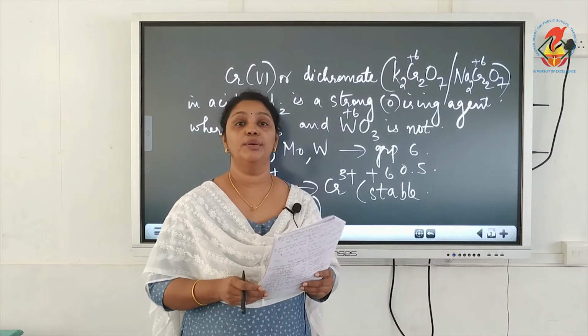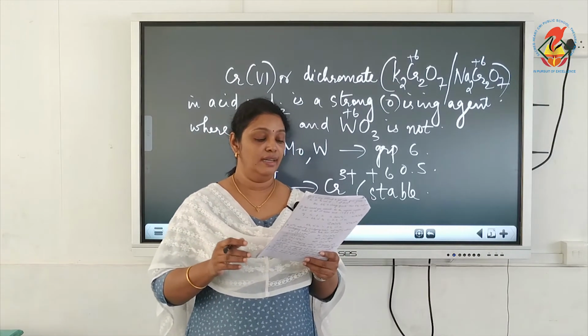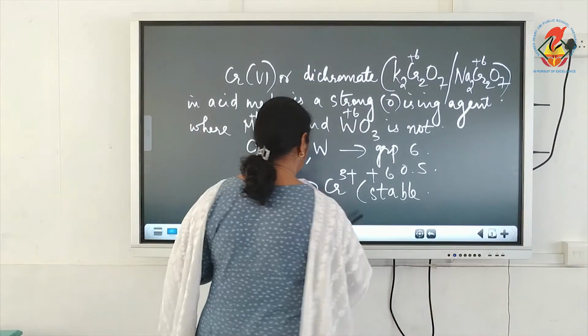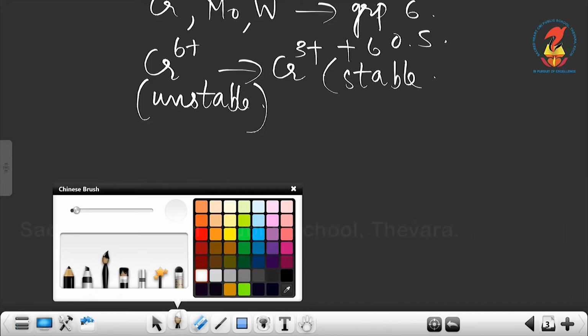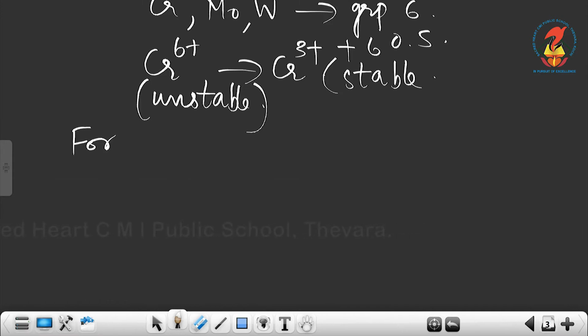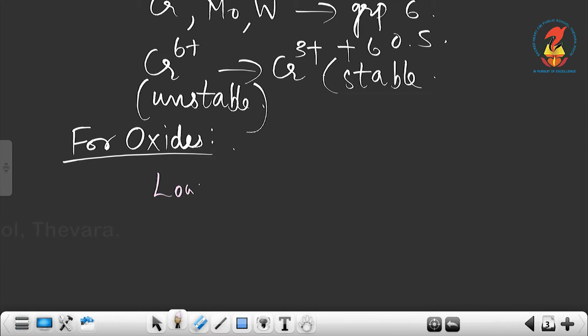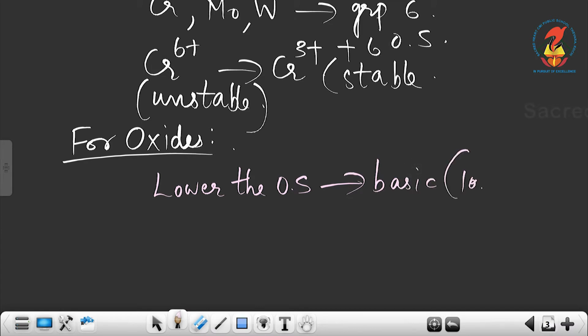Now next we are going to see the oxidation states of oxides. Now for oxides, the lower the oxidation state, the oxide is basic in nature and it has ionic character.